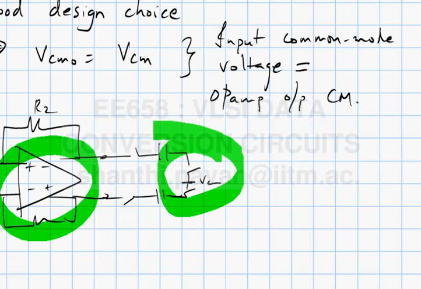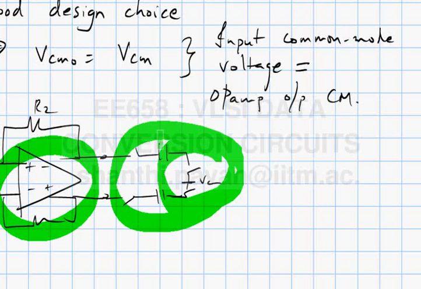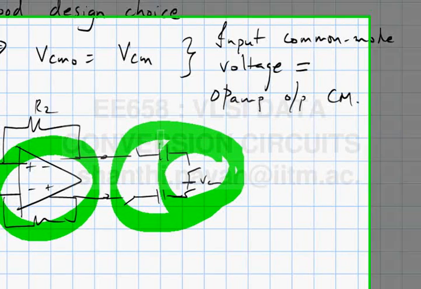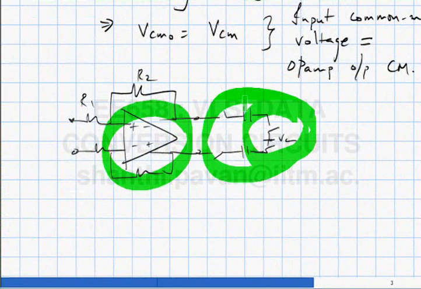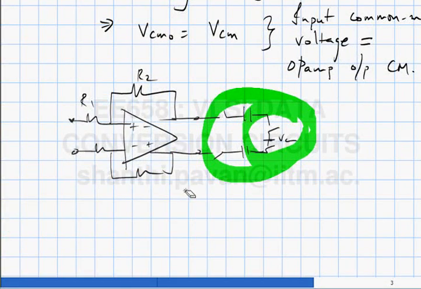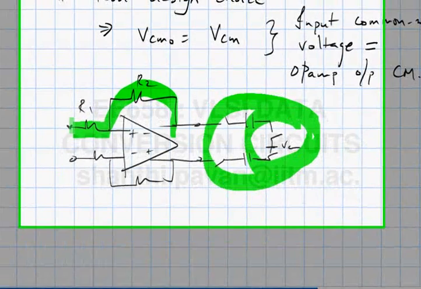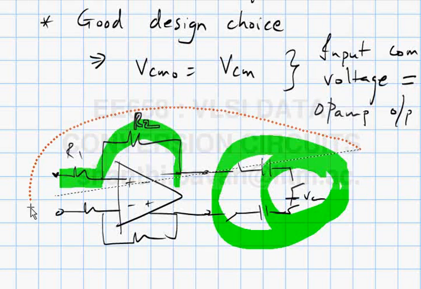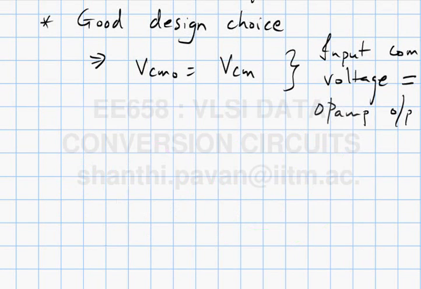So you anyway need a low output impedance stage following this, so you might as well combine all of them into one circuit. And it turns out that designing op amps with high gain is easier when you're driving only capacitive loads rather than resistive loads like this. So these are the reasons why it makes sense to combine the gain and the whole operation into one op amp. Okay, all right.